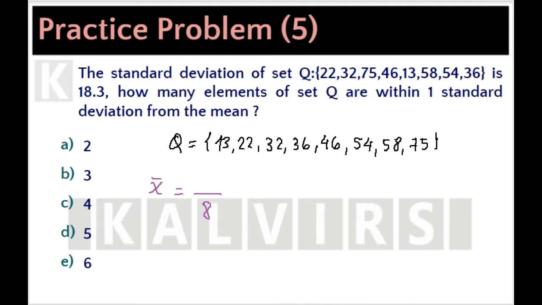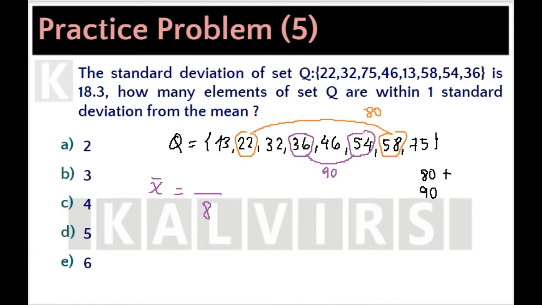So let's do the following. 22 plus 58 is 80. So here we have 80 plus 36 plus 54 is 90. 80 plus 90.